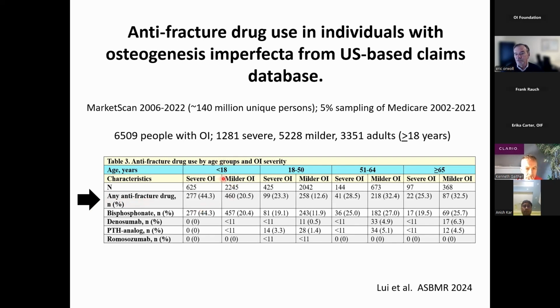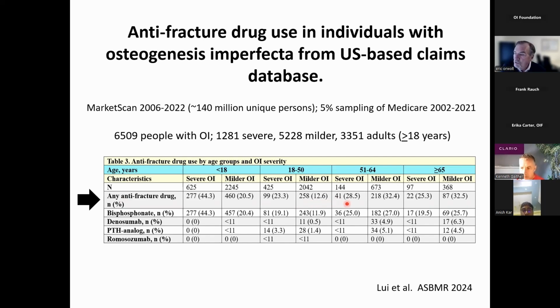Here, in those less than 18 years old, so children, those with severe OI, 44% had been treated. Milder OI, 20% of those had been treated. In adults, the proportions were relatively low. Between 20 and 30% of adults with OI had been treated with an anti-fracture drug.